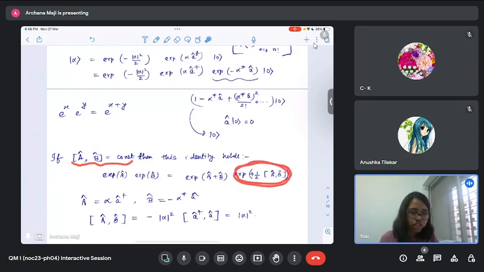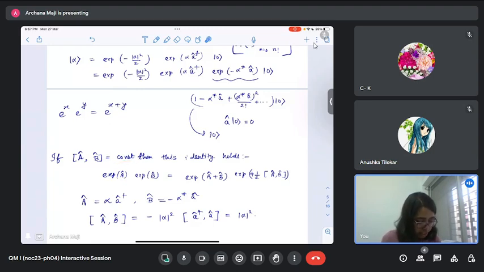This entire thing is just a number. I can keep it here or there, it doesn't matter. But what you should keep in mind is that you can't put exponential of A on this side of exponential B, because they do not commute. Their commutator is a non-vanishing constant.